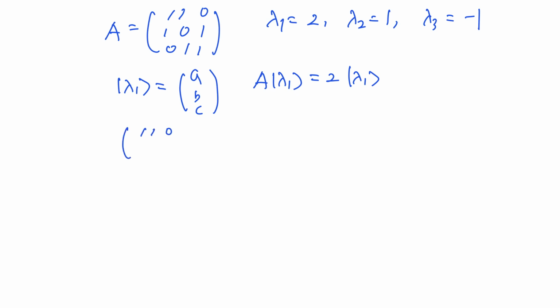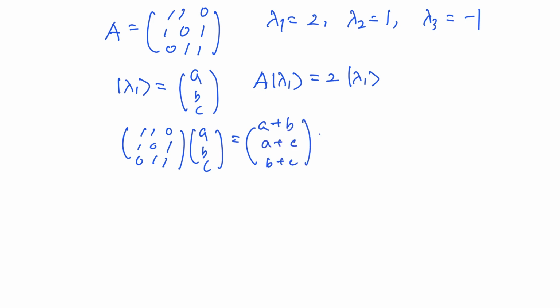So 1, 1, 0, 1, 0, 1, 0, 1, 1 times A, B, C gives A plus B, A plus C, B plus C, equal to twice A, B, C. So A plus B is equal to 2A, or A equals B, right?